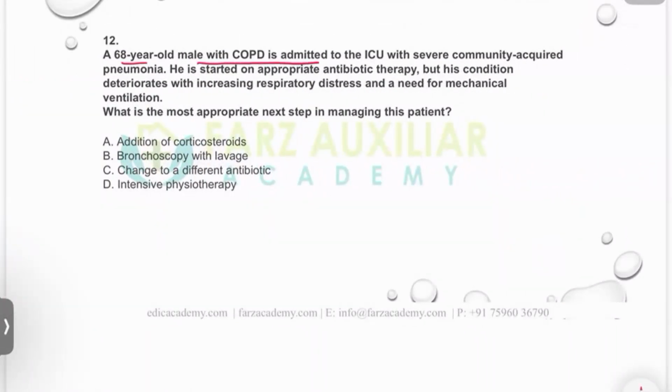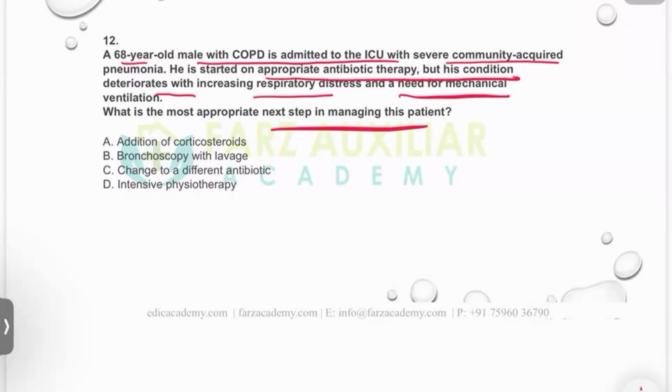A 68-year-old male with COPD is admitted to ICU with severe CAP, community-acquired pneumonia. He is started on appropriate antibiotic therapy, but his condition gets worse with increasing respiratory distress and need for mechanical ventilation. What is the next step? Steroids. Absolutely correct.